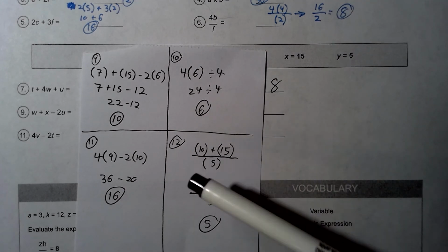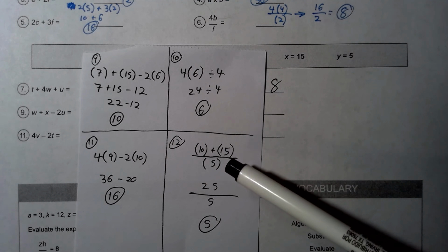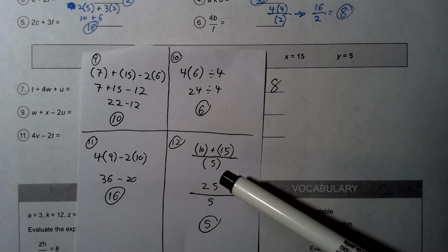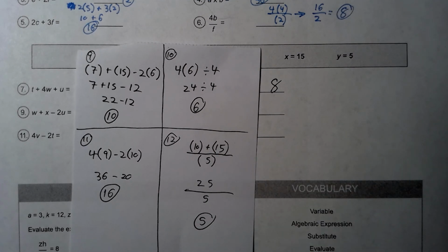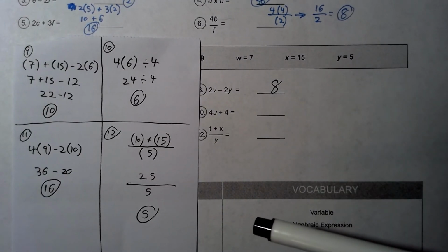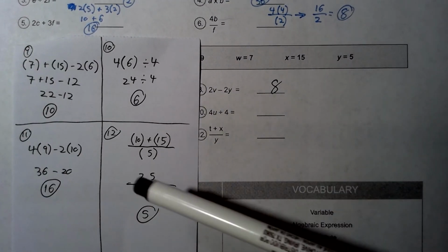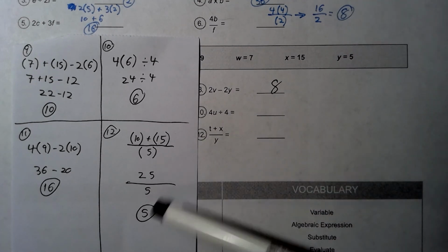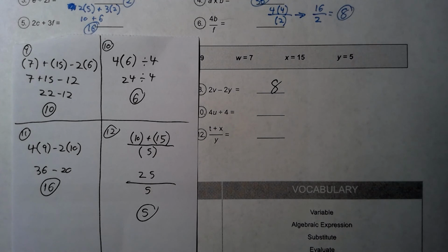For number 12, we have 10 plus 15, which is 25, all divided by 5. While this one may have looked the scariest because it was set up as a fraction, it actually was one of the easier problems. Don't be put off just because you see that little fractional line. Sometimes it's just as easy as this problem, which was 25 divided by 5.